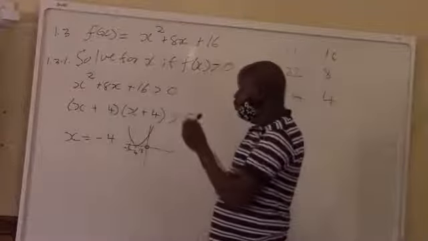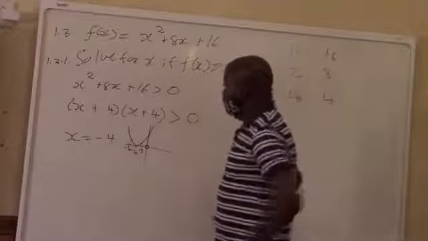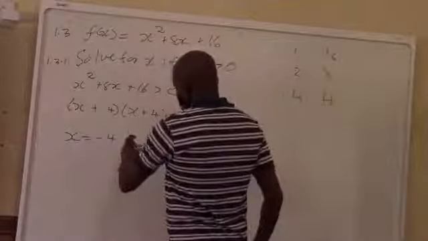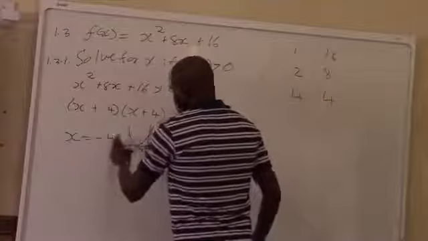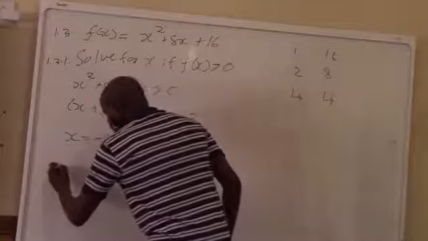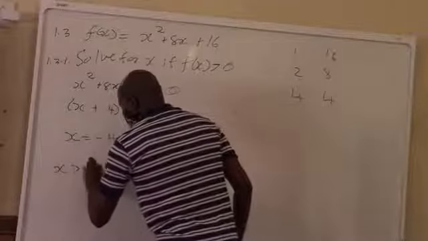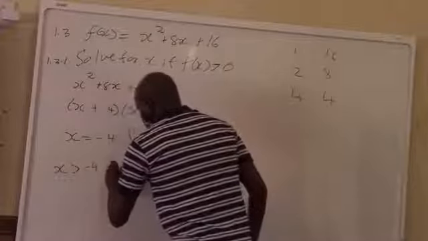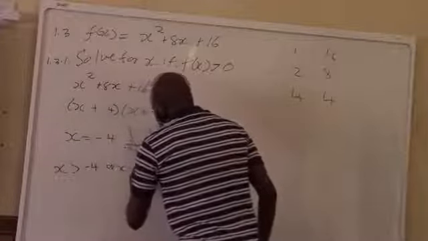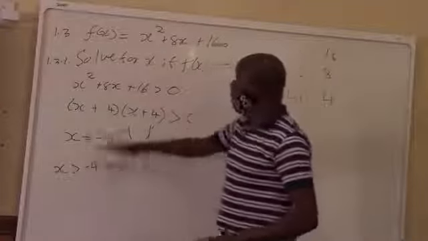So now, when we conclude this solution that we are working on here, we can just say x is greater than -4 or x is less than -4, because both are giving us what we want.